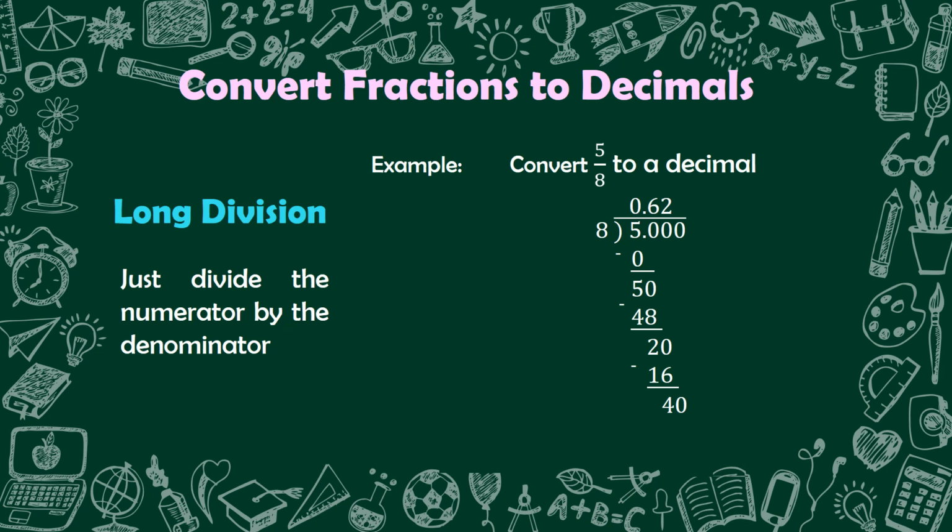Now we have 40. How many 8 are there in 40? That's right, we have 5. Then multiply it by 8, so 5 times 8, we will have 40. And 40 minus 40 is equal to 0. Since we arrive at 0, our final answer will now be 0.625.